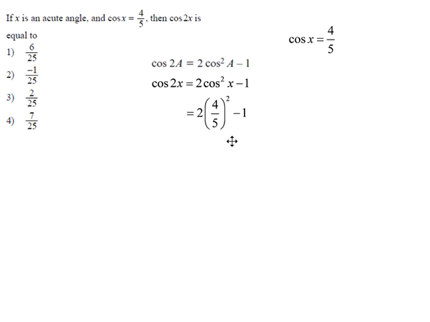So 4 over 5 squared is 16 over 25, so I get 2 times 16 over 25 minus 1. And 2 times 16 over 25 is 32 over 25. So I get 32 over 25 minus 1.